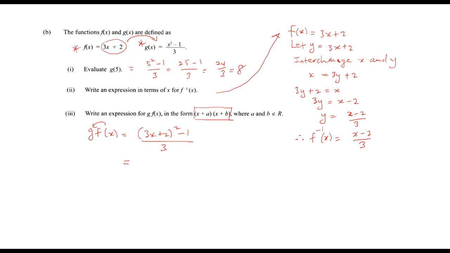So we have 3x plus 2 all squared, so this will be 9x squared plus 12x plus 4, minus 1, all over 3.